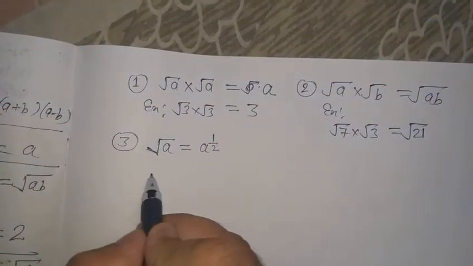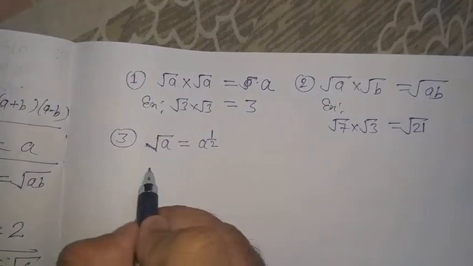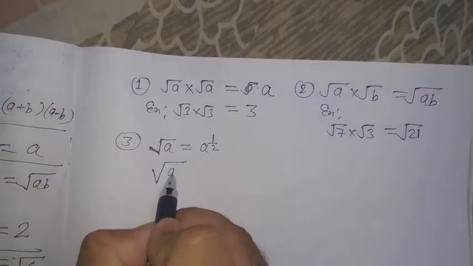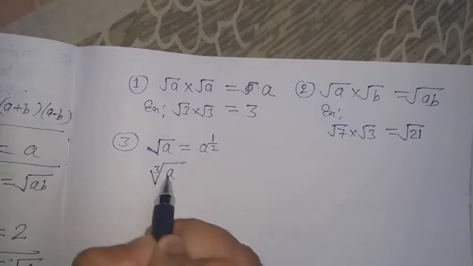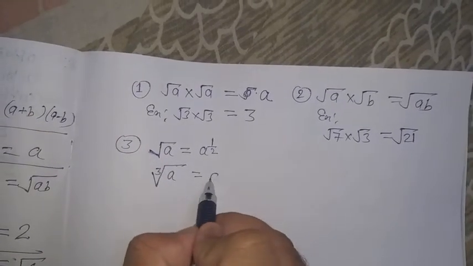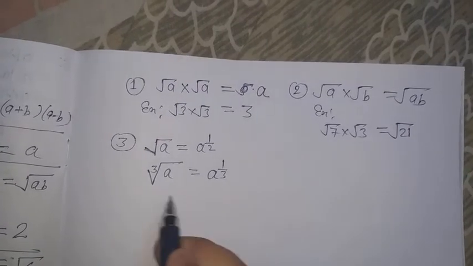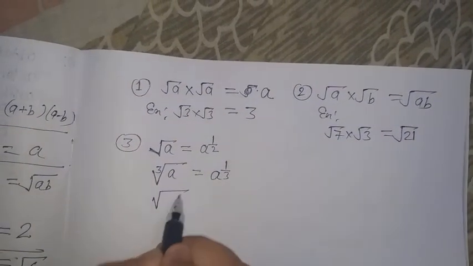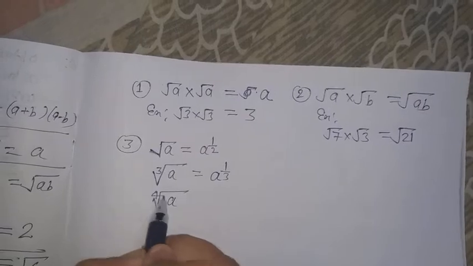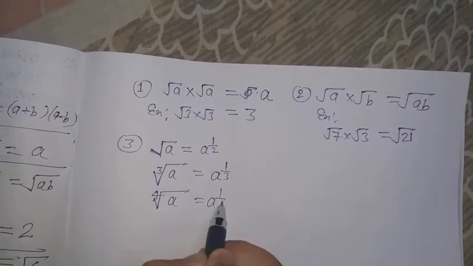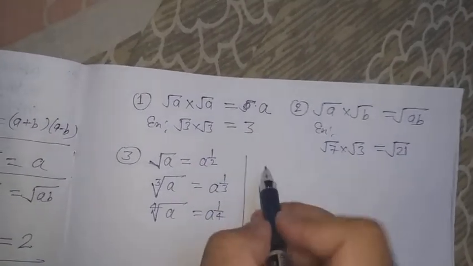Similarly, if it is written like that, a 3, so that is cube root, means a to the power 1 by 3. If it is written a 4, so that is a to the power 1 by 4.